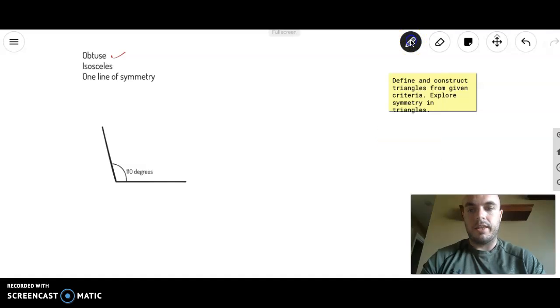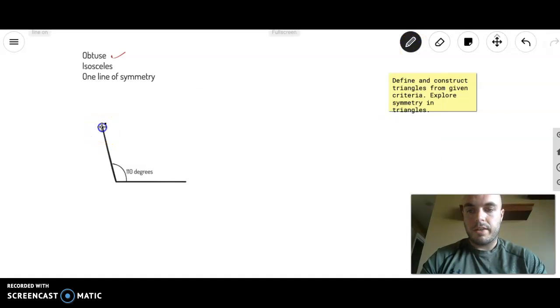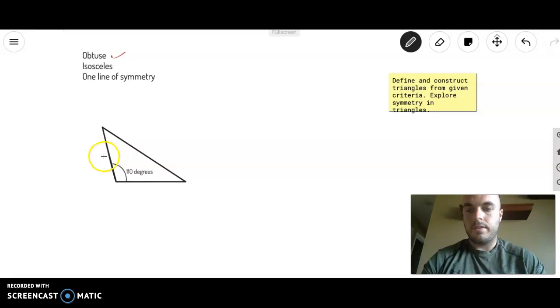Next, we need to make it isosceles. Isosceles means that at least two of the lines are of the same length. Well, we need to first make this a full triangle. So I'm going to connect the two points I have here. Now I have a full triangle. Let's say this side here is 2 inches, and this side right here is 2 inches.